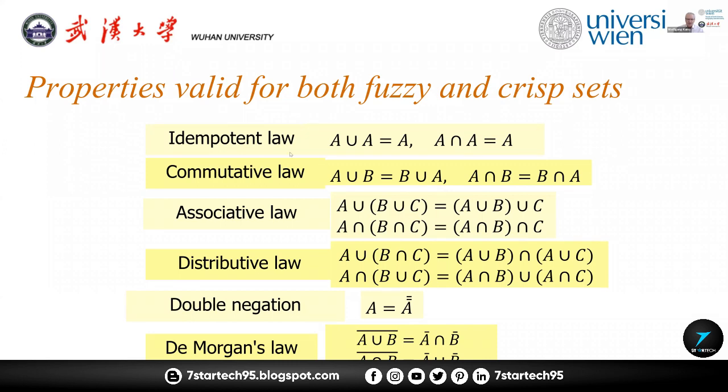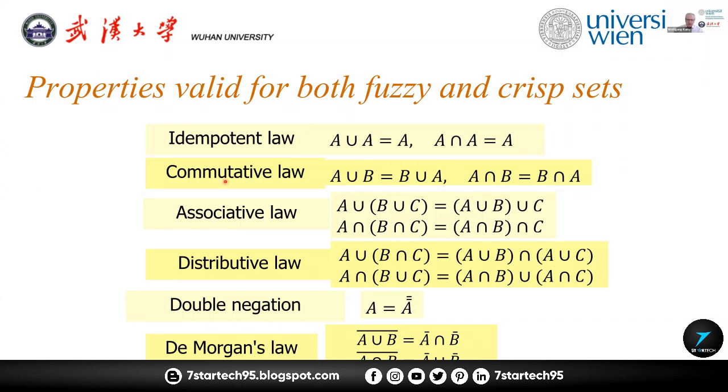For example, the so-called idempotent law, which just says if you compute the union of a set with itself, it doesn't change the set. And if you take the intersection of a set with itself, it also will not change the set. So this is true for both regular classical sets and for fuzzy sets.